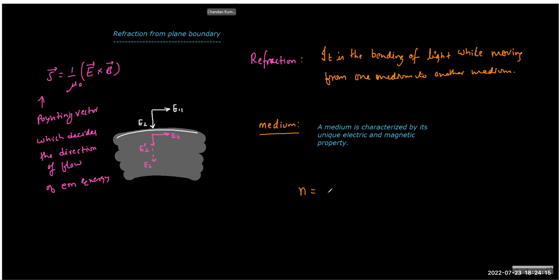So n is a function of charge, frequency, polarization, the number density of free charge carriers, and so many things.